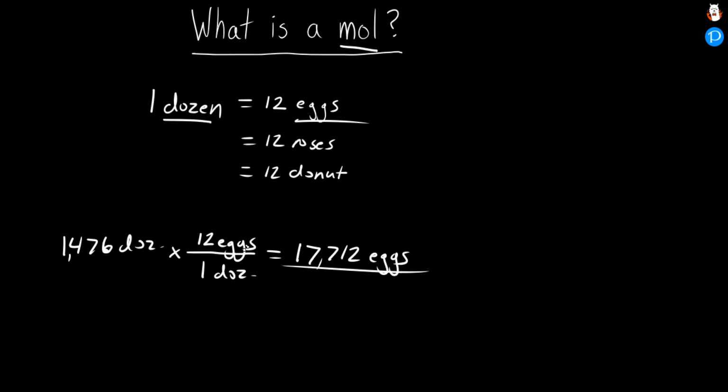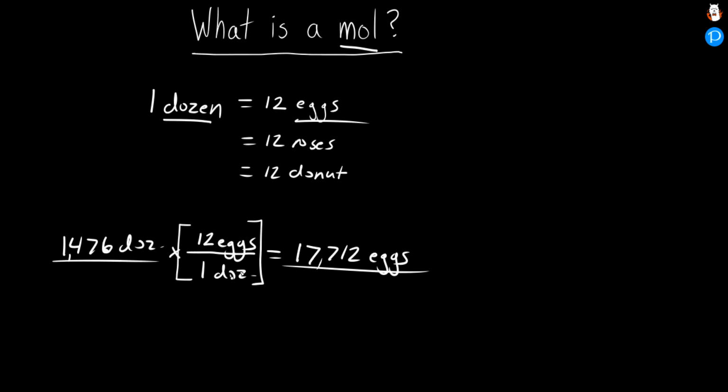But basically, the way that I set this up is to help me figure out whether I'm going to multiply or divide my number that I'm starting with right here. And the way that it helps me figure that out is the way I plug this part in right here. So we're starting with this measurement, 1,476 dozen is my unit of measurement essentially. And I want to convert from dozens to individual eggs.